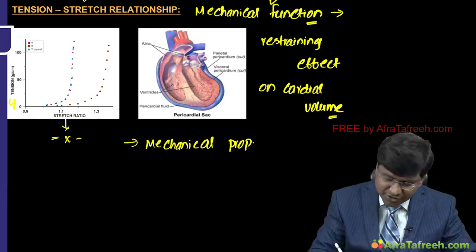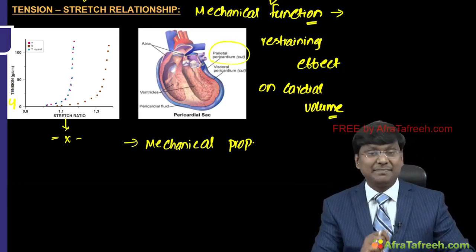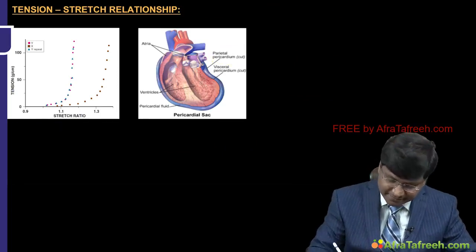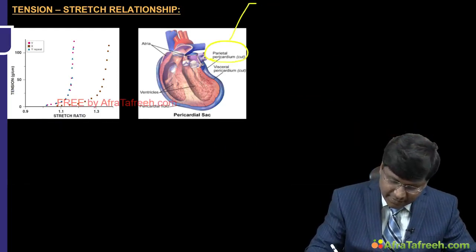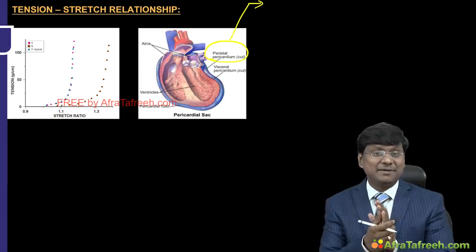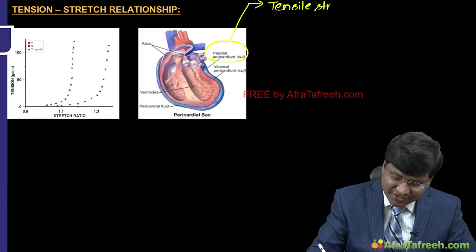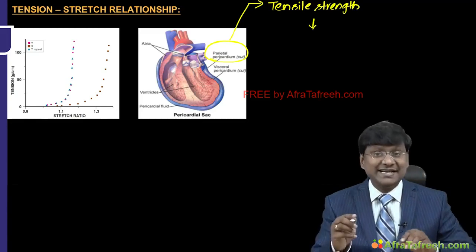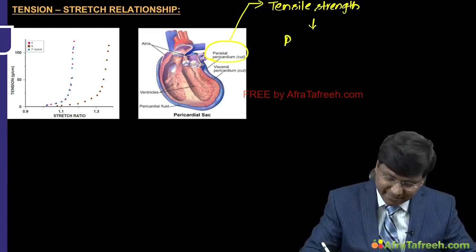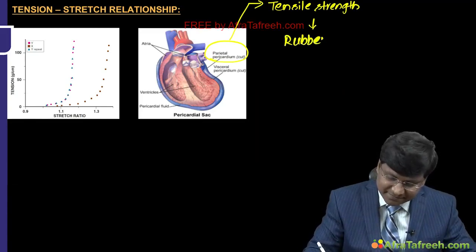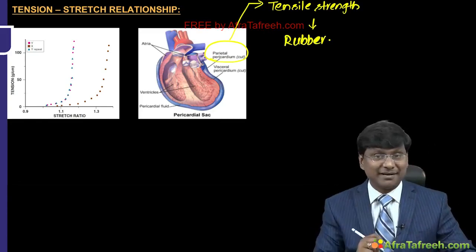Now take the parietal pericardium. What is the nature of the parietal pericardium? It has a tensile strength, and the tensile strength of the parietal pericardium is similar to that of rubber.